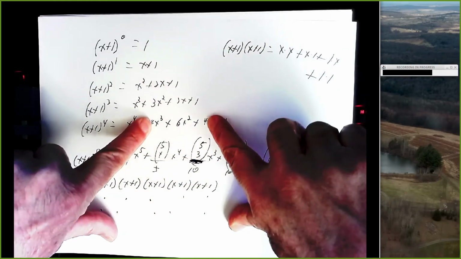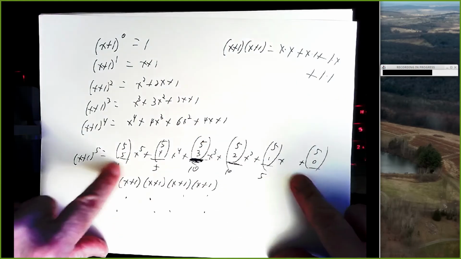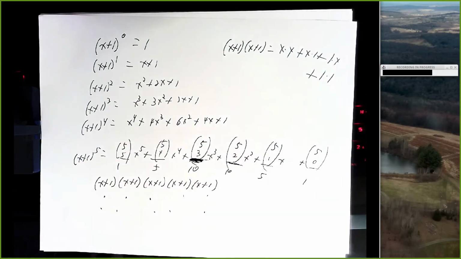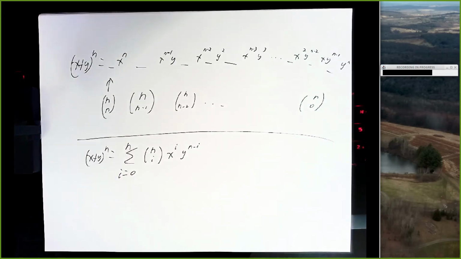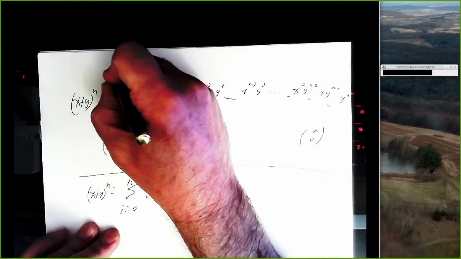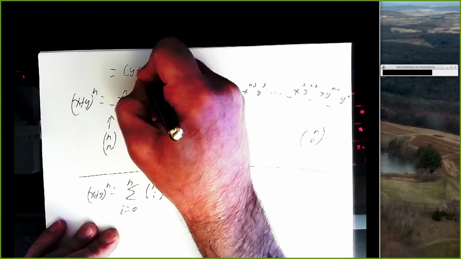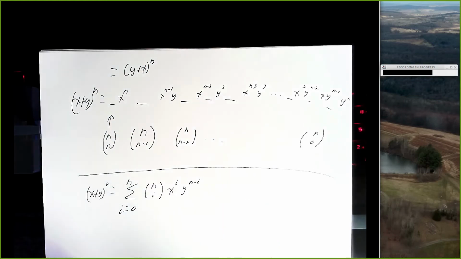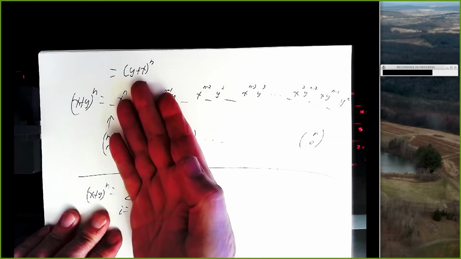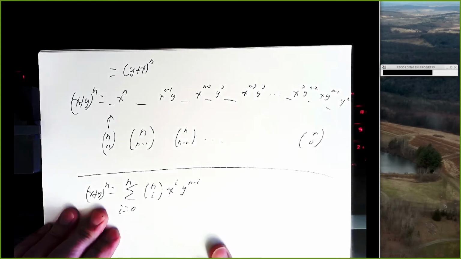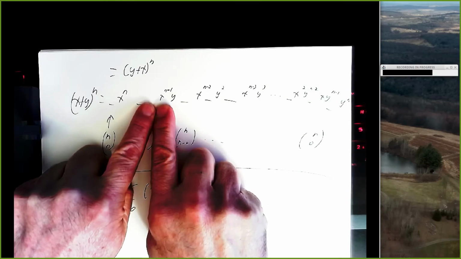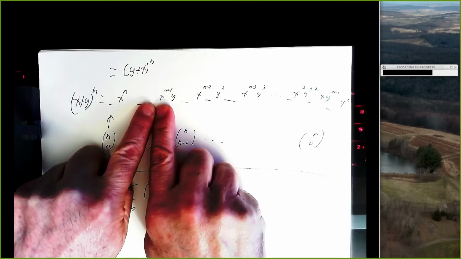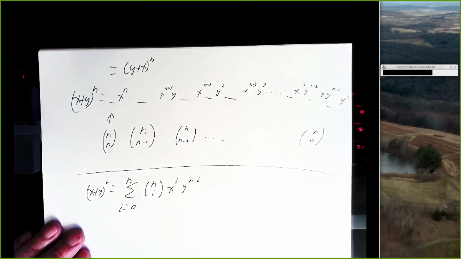There's a 5 there and a 5 there. There's a 10 and a 10. And that should make sense to you, because we also know that x plus y to the n is the same thing as y plus x to the n. Well, whatever I get for x to the a, y to the b, I have to have the same coefficient for y to the a, x to the b. There's got to be symmetry here.